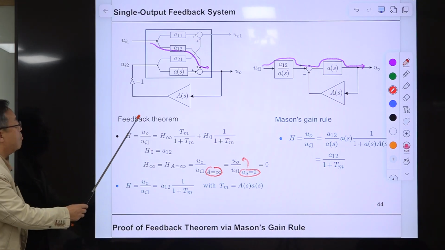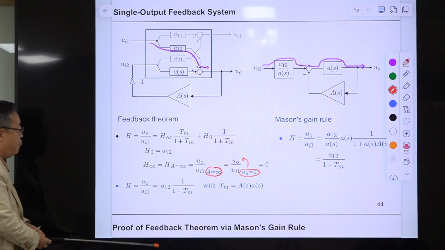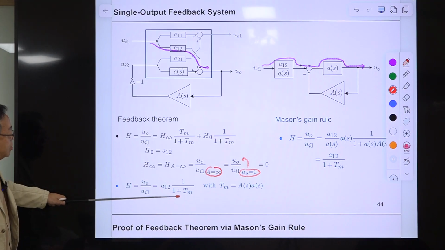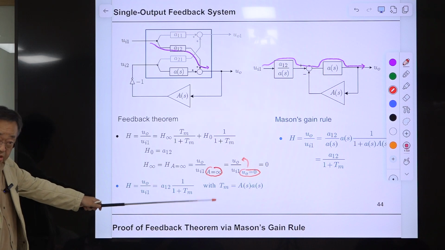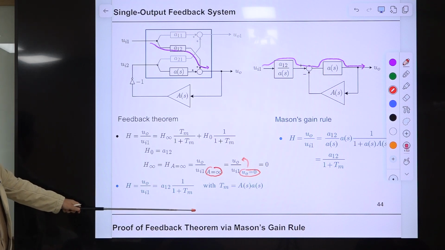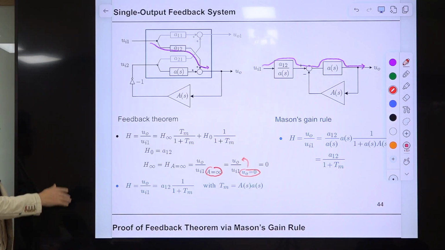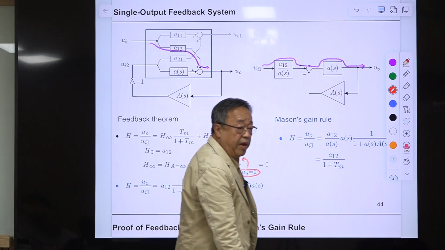So this whole term is gone. Then this is H0 divided by 1 plus Tm. H0 is this one, A12 divided by 1 plus Tm. Tm is loop gain. This is the equation you have learned from the automatic control course. Okay, this is the simplest possible example of a feedback system.